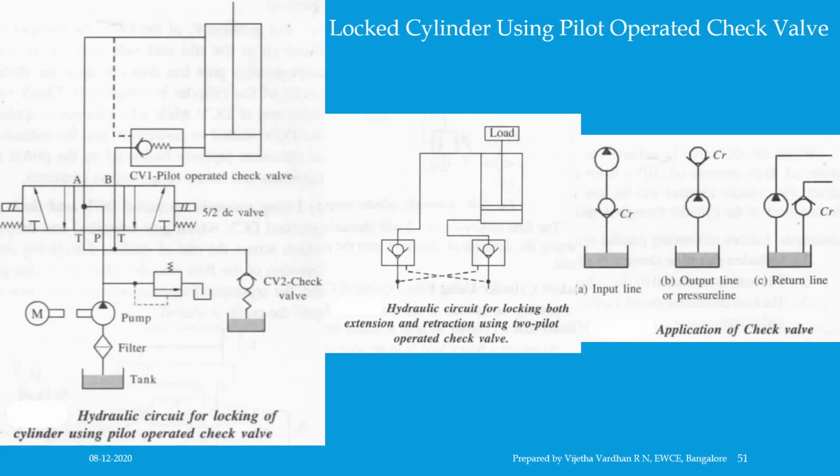That is, when the suction is high, the spring rate should be low to ensure smooth inlet flow, which you can see on the right hand side of the figure, represented by the letter A, which is called the input line. In the same fashion, a check valve in the output line, referred to as B, prevents the system oil from flowing back into the pump, and a check valve in the return line provides the counterbalancing effect on the actuator load, which you can see in figure C. So this is about the concept of locking of the cylinder.